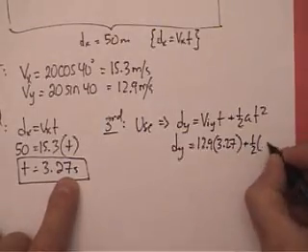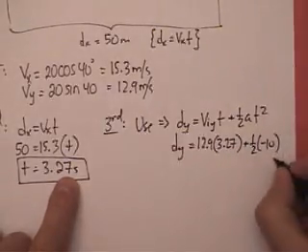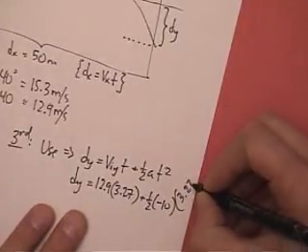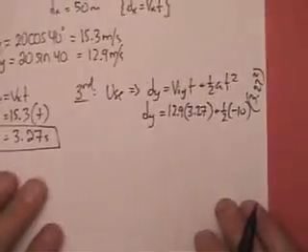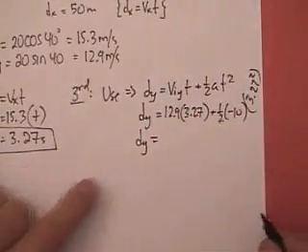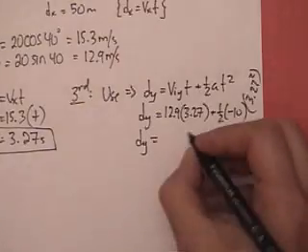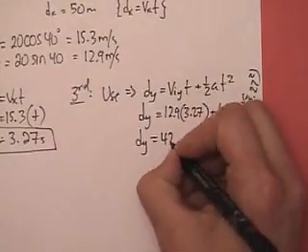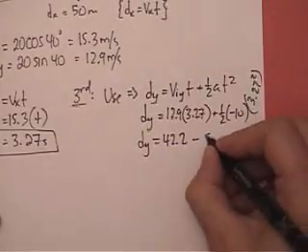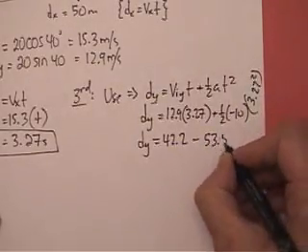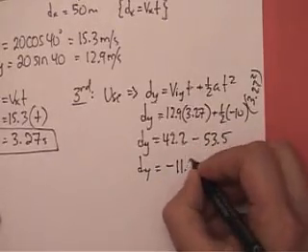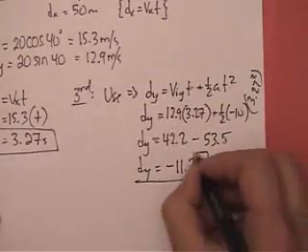Plus 1/2, gravity is minus 10, and this, to write it in here, is 3.27 squared. Solve that. Plug it into your calculator. 12.9 times 3.27 is 42.2. This ends up being subtract 53.5. Get your answer, it ends up being minus 11.3 meters.